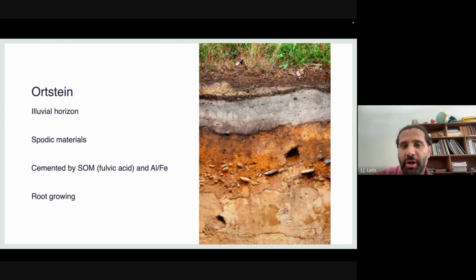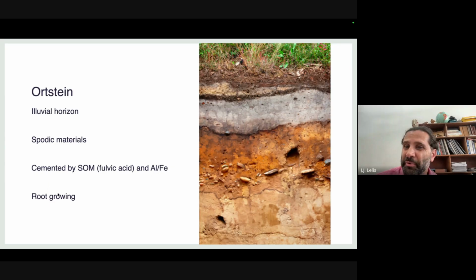You need a shovel or even heavier tools to break an ortstein because it's really, really hard. Okay, it's cemented, as I said, by organic matter, especially fulvic acid, and aluminum and iron oxides.